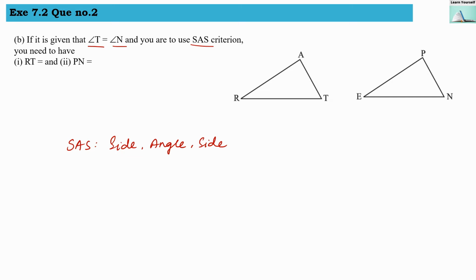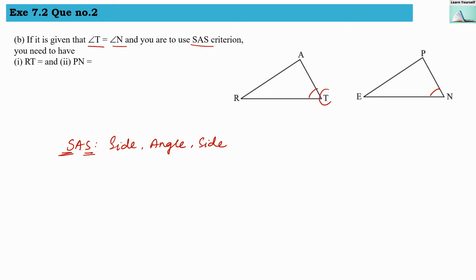So they have said that angle T and angle N are equal. Now if we are proving the congruency of these two triangles as per SAS, then we require two more sides and that has to be on either side of the angle, because it is SAS. So either side of the angle.